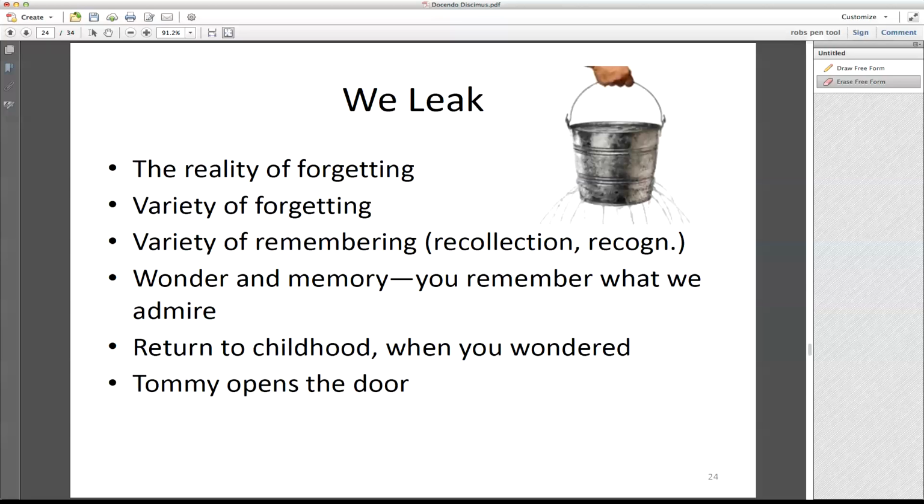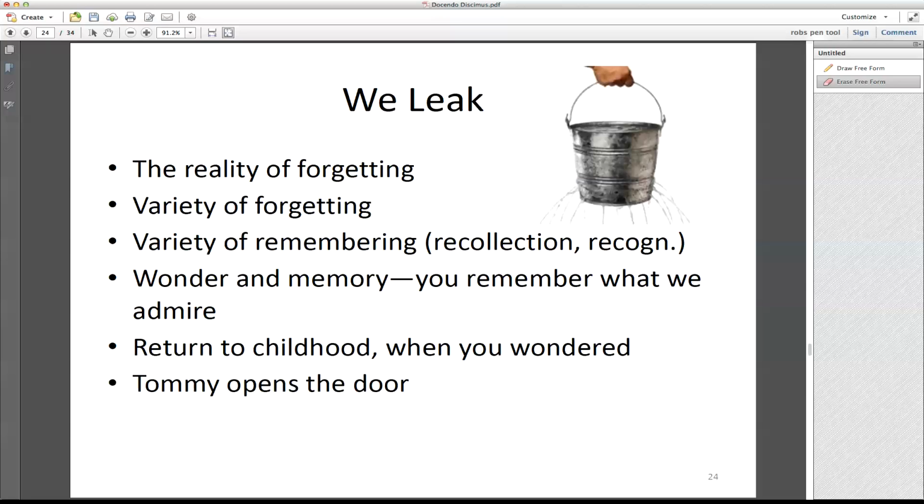And then we discover that we tend to remember the things that really cause us to be at wonder, to really be admiring things. When we are really caught up gazing at something that we consider to be profound, important, beautiful, good or true, we tend to remember that more.